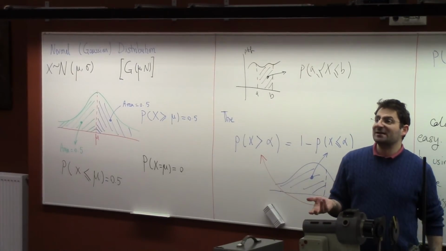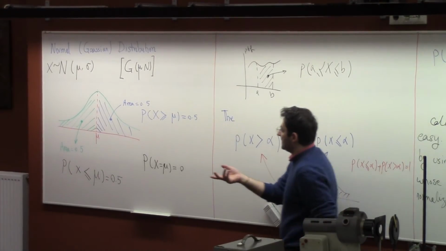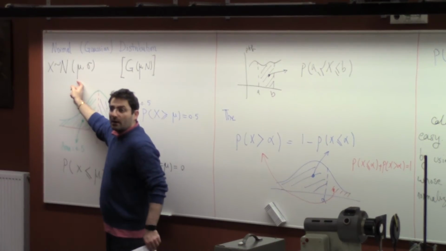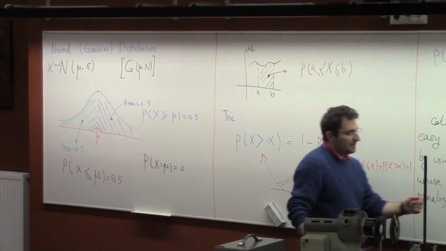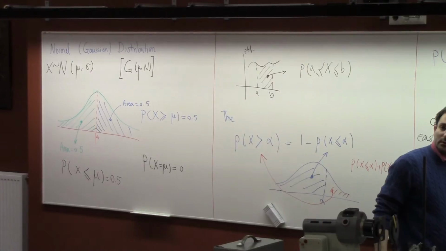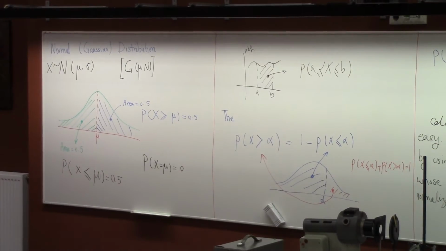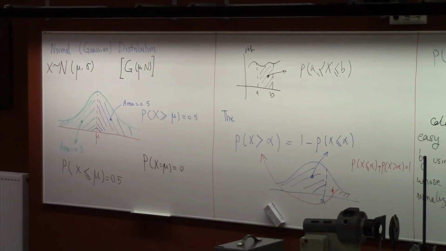However, the problems that we have in real life are N(mu, sigma), and the table is for N(0, 1). So we have to see how we can convert the normal distribution to the standard normal distribution.